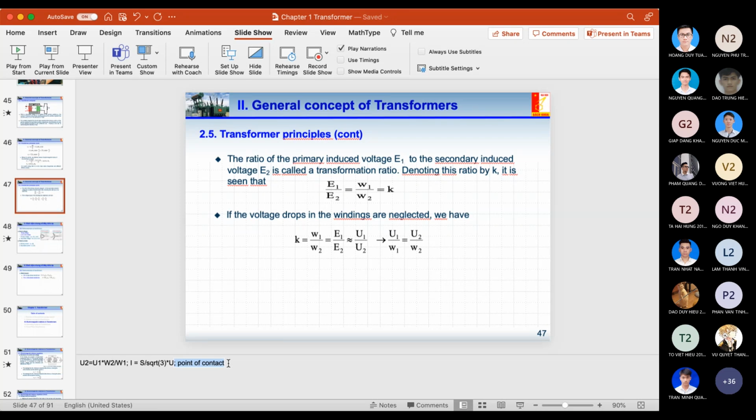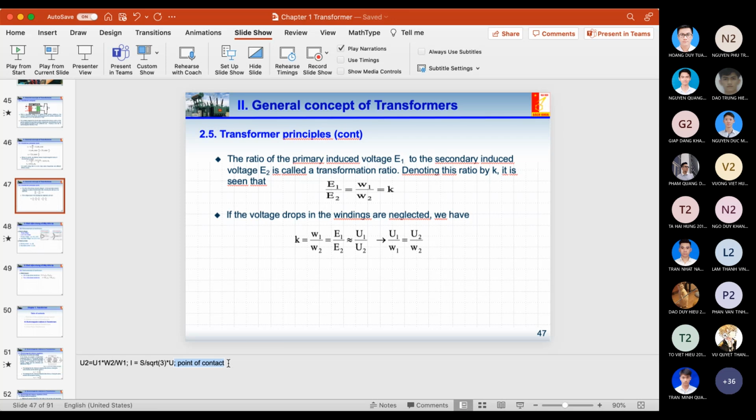So in order to reduce the current values, we change the turn number of the winding with the high voltage, because when the voltage is very high, the current value is very low. So that's the reason why for every transformer we get two reasons.